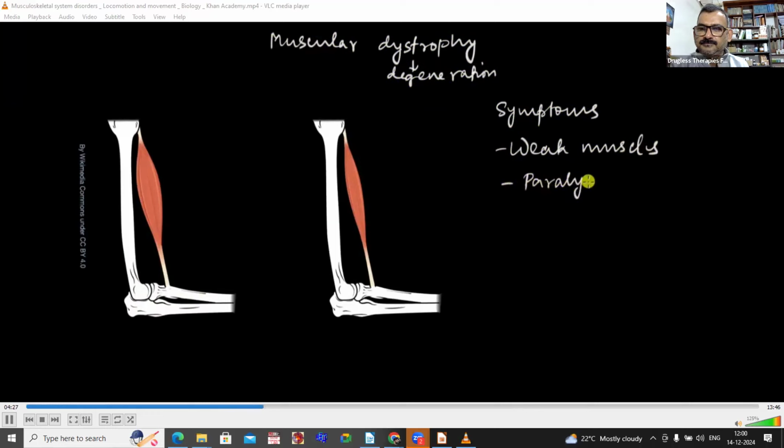The neuromuscular junction is not affected. The muscles themselves are affected. You can see the difference. This is a normal muscle, the biceps in our arm, whereas this is the diseased muscle. You see how thin it is. It's degenerated, and the cause is genetic.